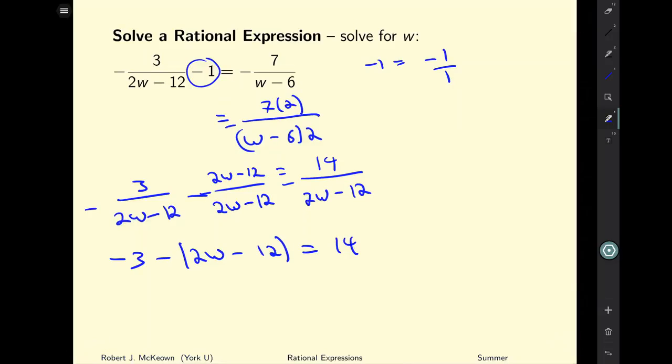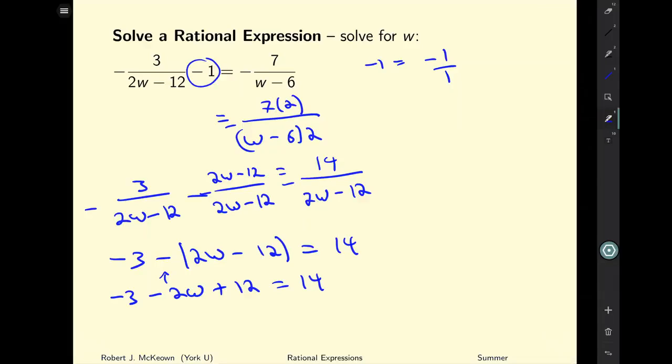And you want to be really careful that you don't make a mistake with your signs. Very, very easy mistake to make, one that I make fairly regularly. Not unusual that I would forget a sign here or there. Given that reality in which I operate, I'm very careful to keep my sign negative on the outside of this bracket, because now I want to bring that negative into the bracket, so I'm going to rewrite this as minus 3 minus 2w plus 12 is equal to 14.